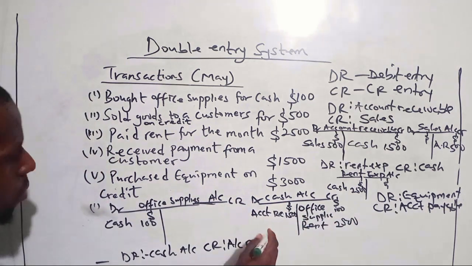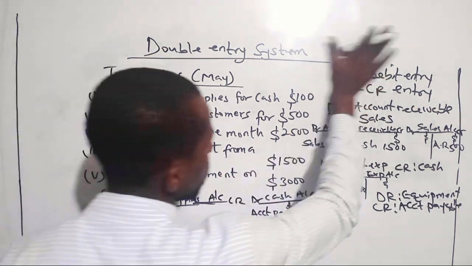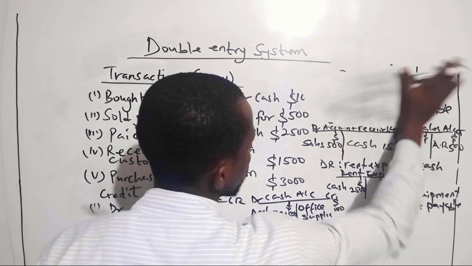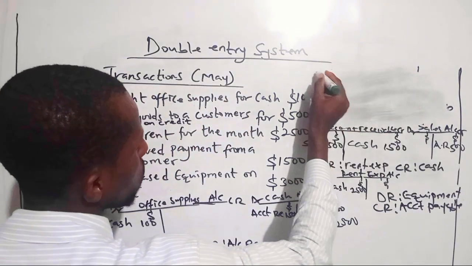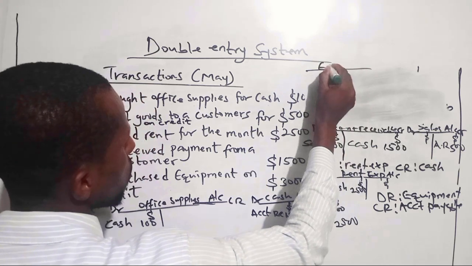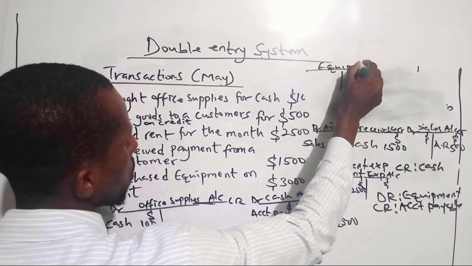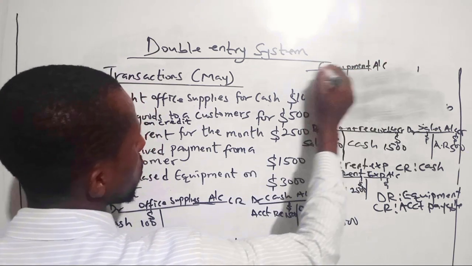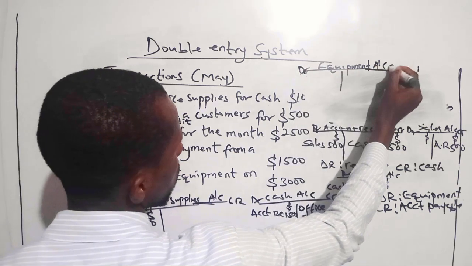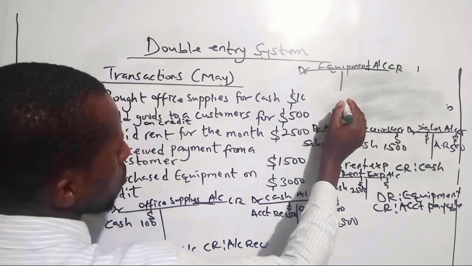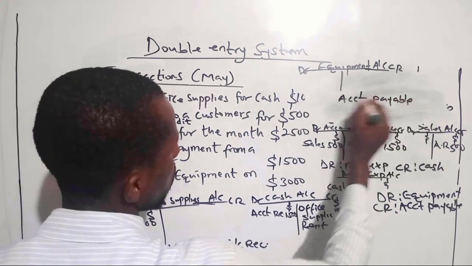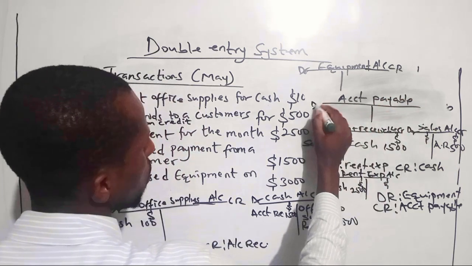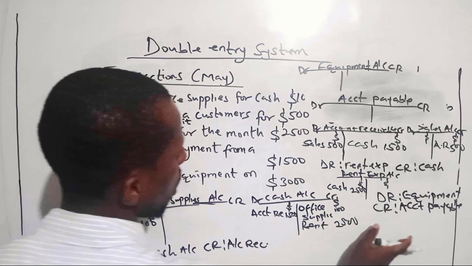So how do we do that? For the equipment account I have it here, debit and credit, and for accounts payable I have it here. How will I pass this?